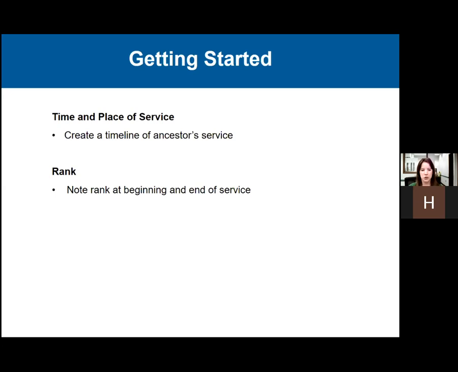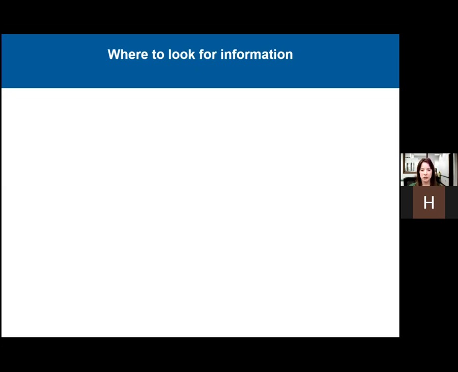Also, if you know the rank of your ancestor at both the beginning and end of service, that can be helpful as well for your research. And if you know the branch that your ancestor served with, that can also be really helpful in getting started in your research. So where can you find this information if you don't have it already?